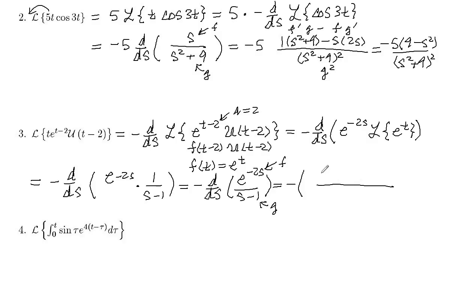So the derivative of the top, e to the minus 2s, times the derivative of the inside function, negative 2, times the bottom, s minus 1, minus the top, e to the minus 2s, times the derivative of the bottom, which is just 1, and then divide by the bottom squared. So s minus 1 squared, close it up, and we could simplify, but again, I'm not having you simplify on the exam. So that's good enough.